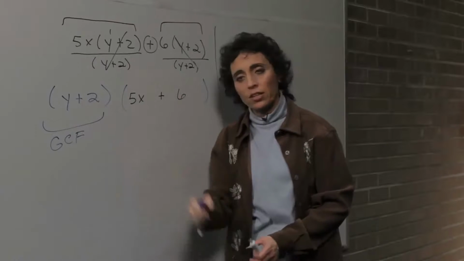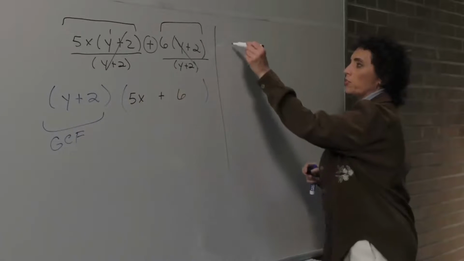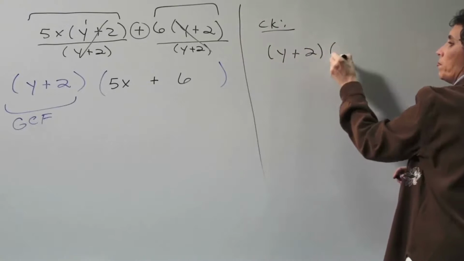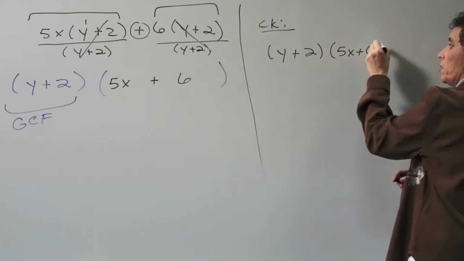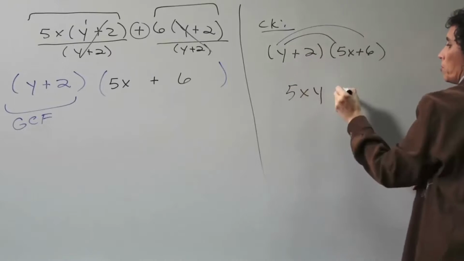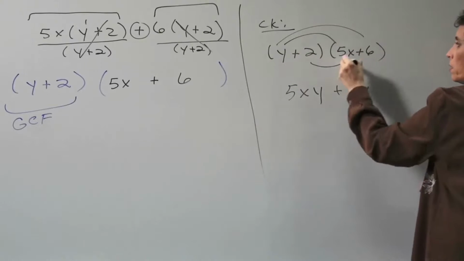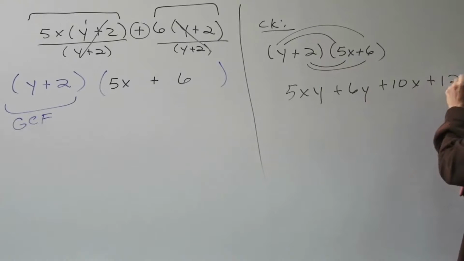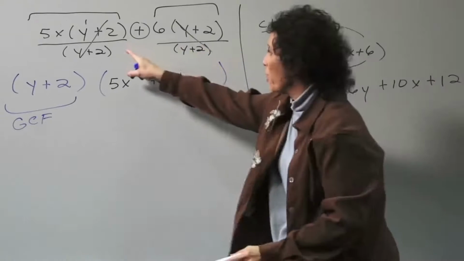But I have to check this. I just want to show you something. Here's the check. 5xy plus 6y plus 10x plus 12. Now, that does not look like this.